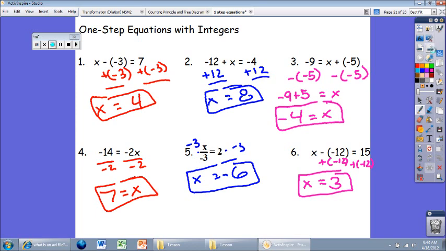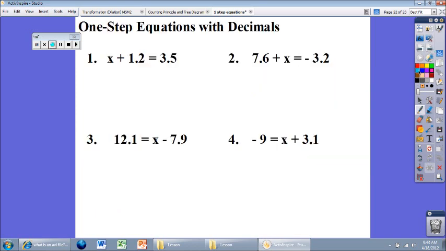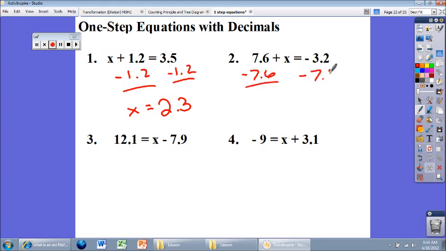Moving along, we can also do stuff with decimals. So it's the same exact process. So here you're going to go minus 1.2, minus 1.2. So x is going to equal 2.3, minus 7.6, minus 7.6. So this is going to be x equals -10.8, plus 7.9, plus 7.9.